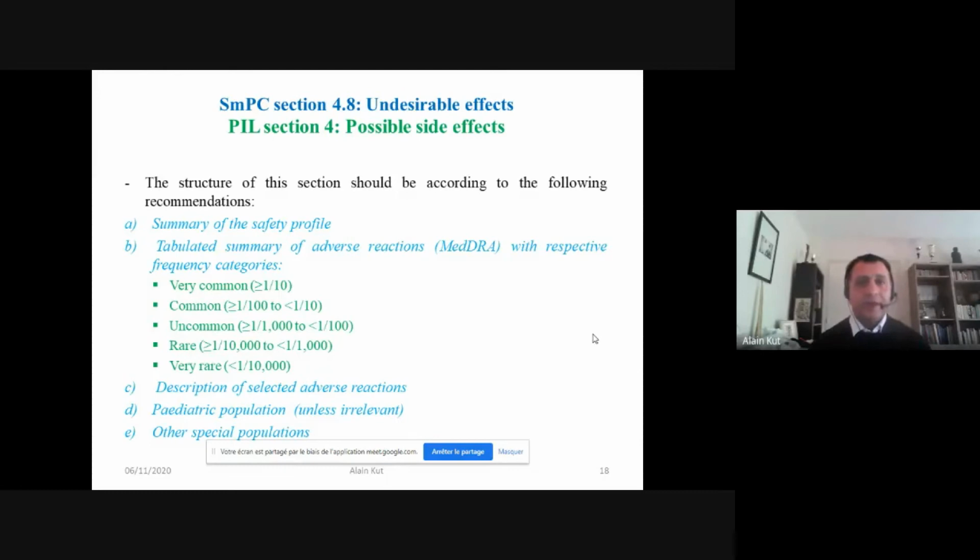We start with the summary of the safety profile and the tabulated adverse reactions according to MedDRA SOC, and we need to respect the frequency from very common to very rare. We can also describe some selected adverse reactions, and, if needed, talk about the pediatric population or other special populations.